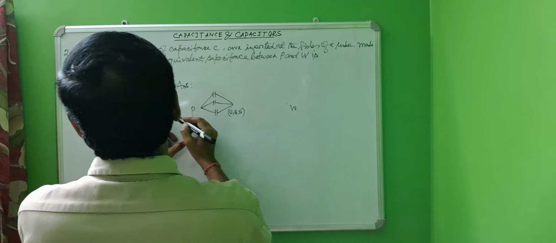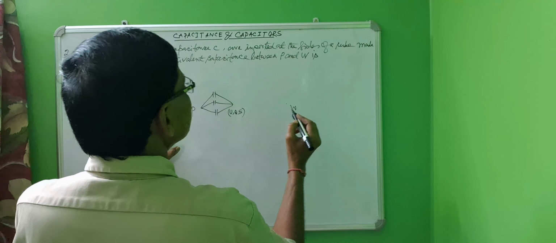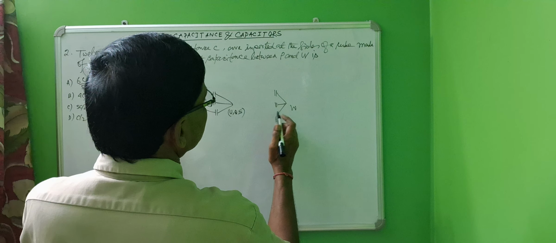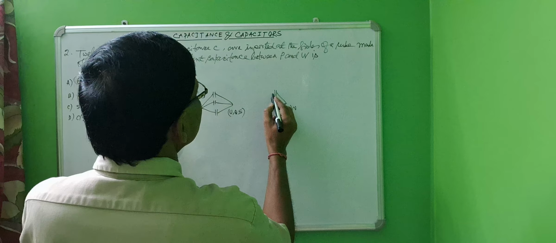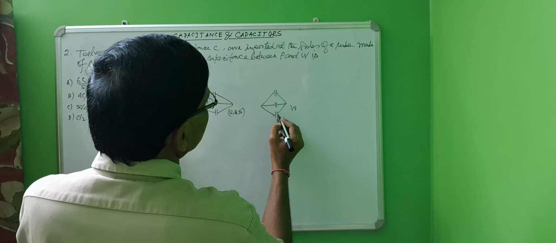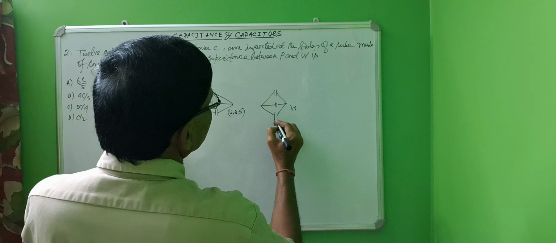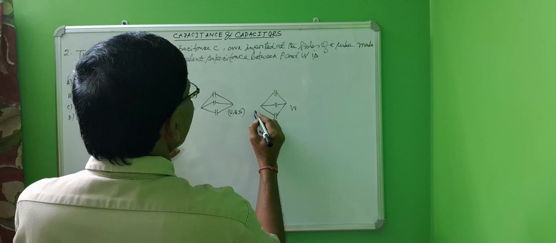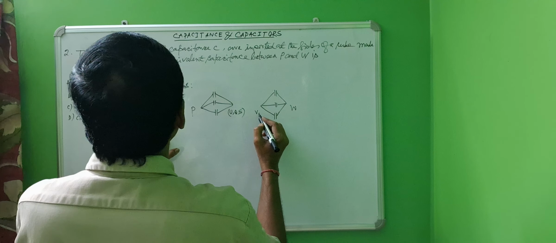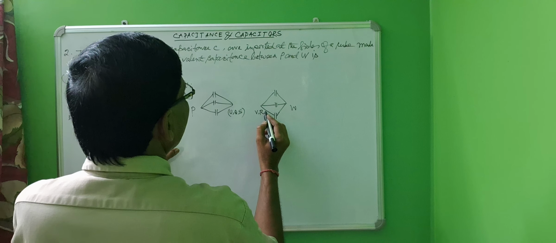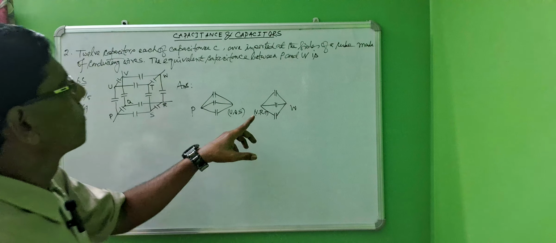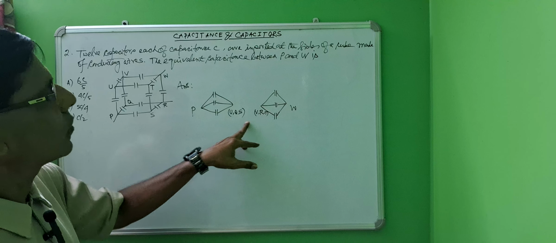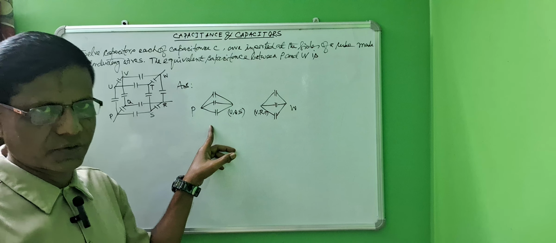This is W also. From this we can write these 3 points V, T and R also such like this.